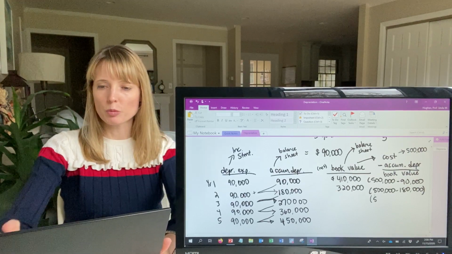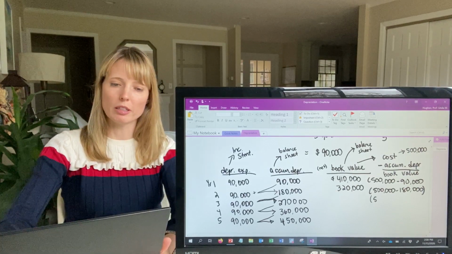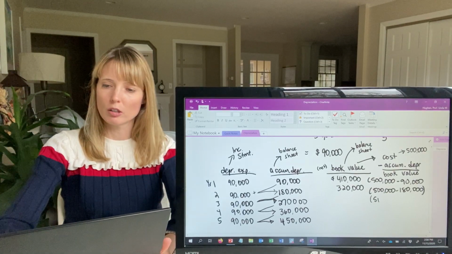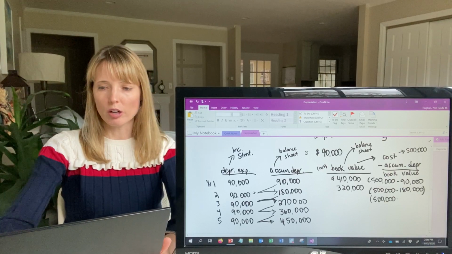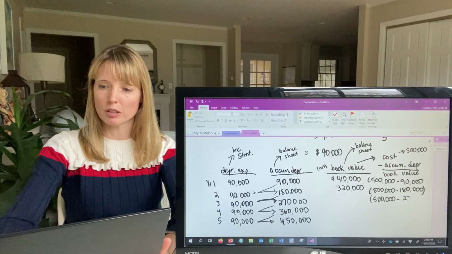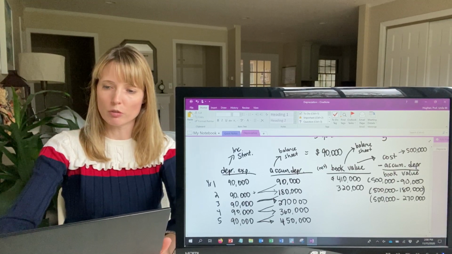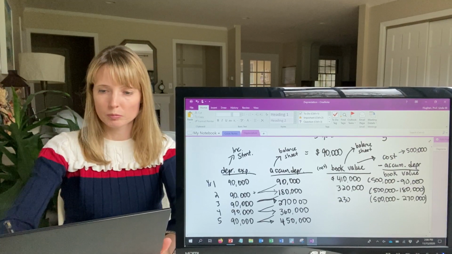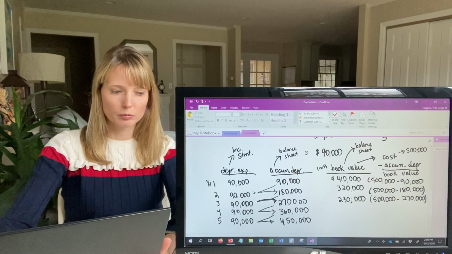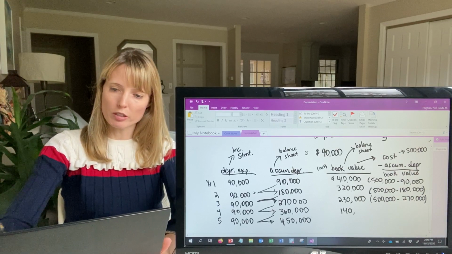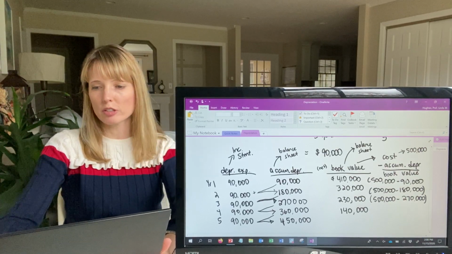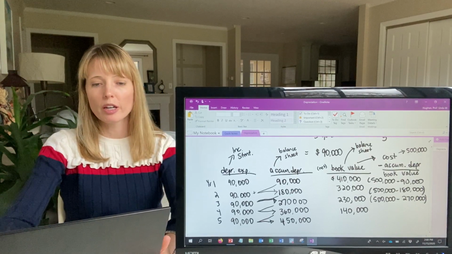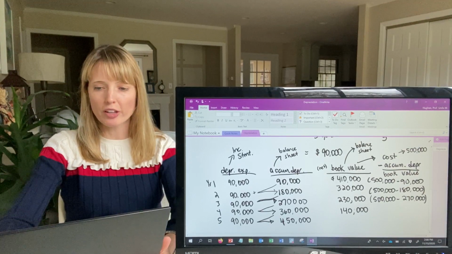And then we continue this. We can either say the 320,000 minus the 90,000, the next depreciation expense recorded in year 3, or we can look at this as the cost 500,000 less the accumulated depreciation at the end of year 3. And if we continue on, 500,000 minus 360,000 gives us a net book value at the end of year 4 of 140,000.